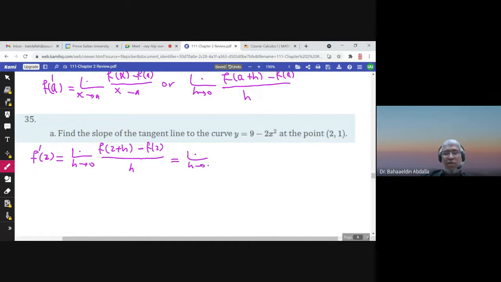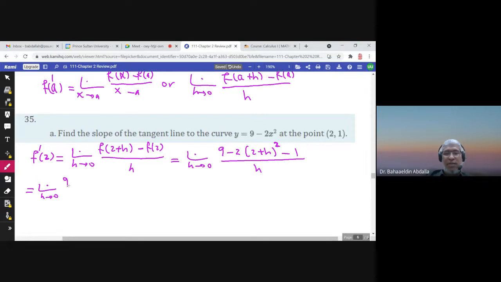Now what is f of 2 plus h? I replace x by 2 plus h, minus f of 2. What is f of 2? I replace x by 2, or I just use the one here, because of course it would be 1, over h.